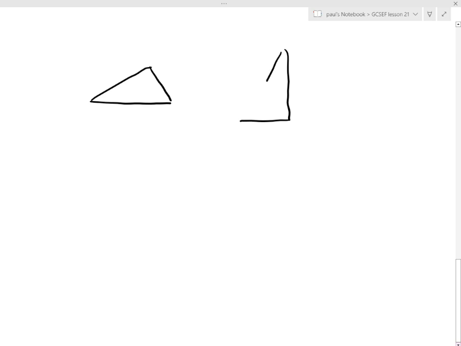This is the same triangle, but this is bigger than this. And what we've done is we've just turned it round a bit. It's not quite the right angle, but that angle there corresponds to that angle there. It's not supposed to be a right angled triangle.